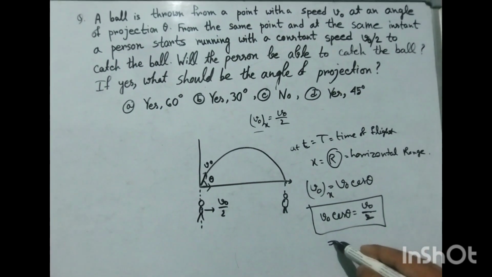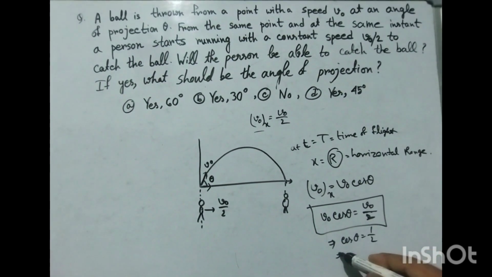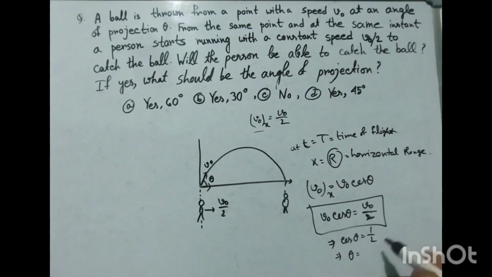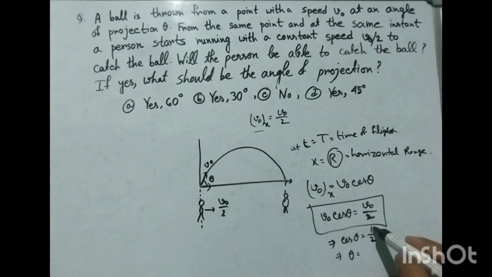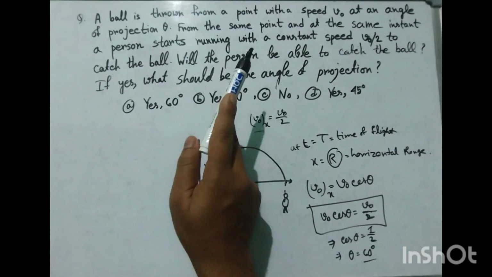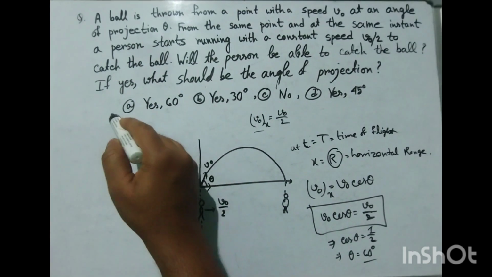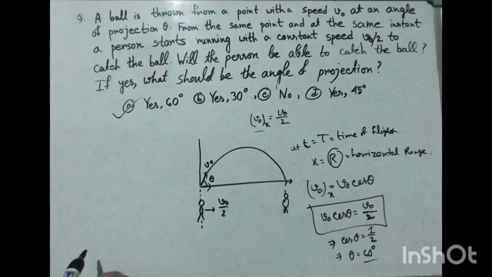So cos theta will be 1 by 2, so theta should be 60 degree. So yes, the man can catch the ball if the angle of projection is 60 degree. So this is your answer.